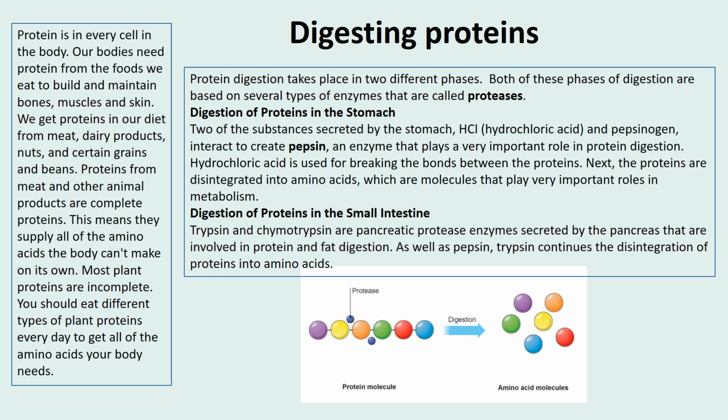So amino acids are what build up proteins. That is what proteins are broken down into. So what's really important from this slide is that proteins are broken down by enzymes called proteases, an example being pepsin. And proteases break down proteins into amino acids.